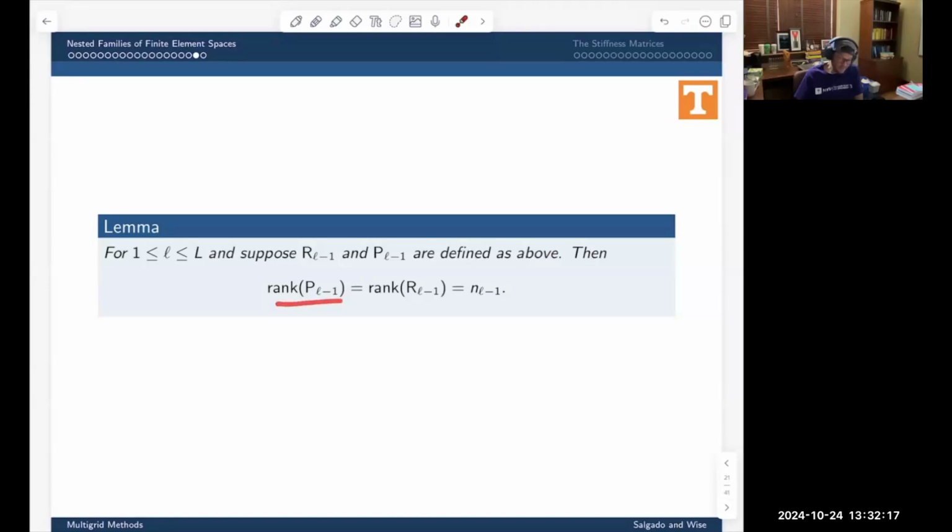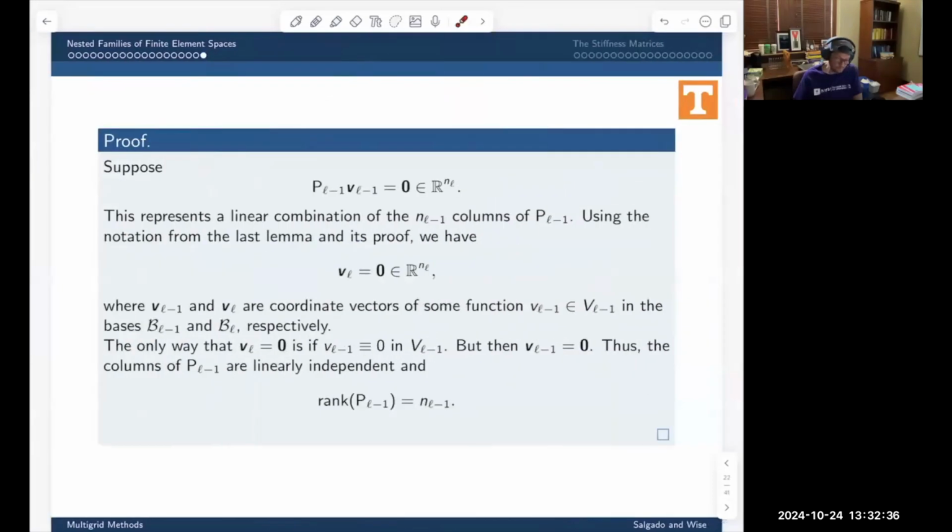Its rank is its number of columns, and vice versa for the restriction matrix. It has N_{L-1} rows and N_L columns. Its rank is the smaller of those two. So what we say in this case is that both matrices are of full rank.